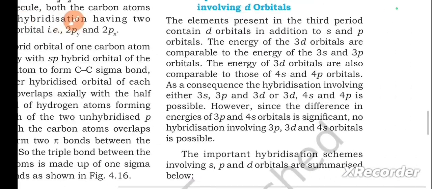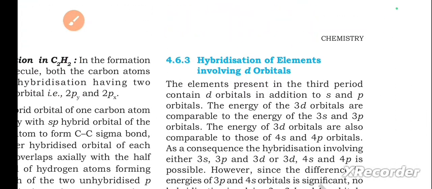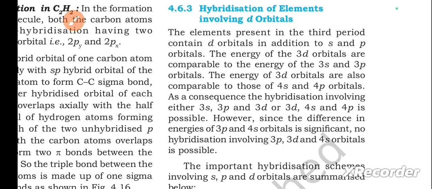Next is hybridization of elements involving d orbitals. The elements present in the third period contain d orbitals in addition to s and p orbitals. The energy of the 3d orbitals is comparable to the energy of the 3s and 3p orbitals. The energy of the 3d orbitals is also comparable to those of 4s and 4p orbitals.